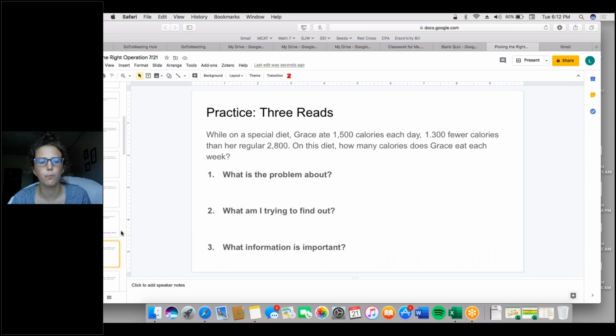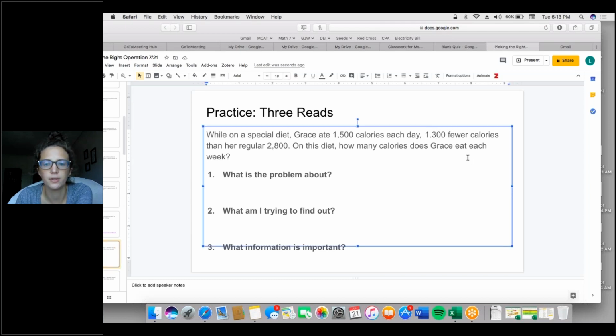I'm going to read it one more time, one more question before we go into actually solving questions. This question, again, the first time we read, we're just generally thinking, what is it about? What's the main idea here? Kind of just like we're reading. While on a special diet, Grace ate 1,500 calories each day, 1,300 fewer calories than her regular 2,800.